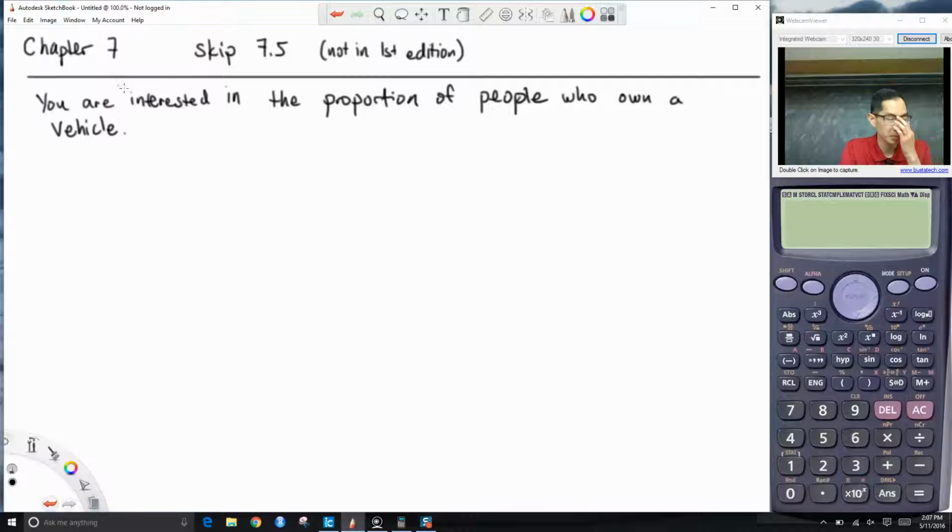And we'll say you survey 550 randomly selected people, and we'll just pretend like it was not too much difficulty to get 550 randomly selected people.